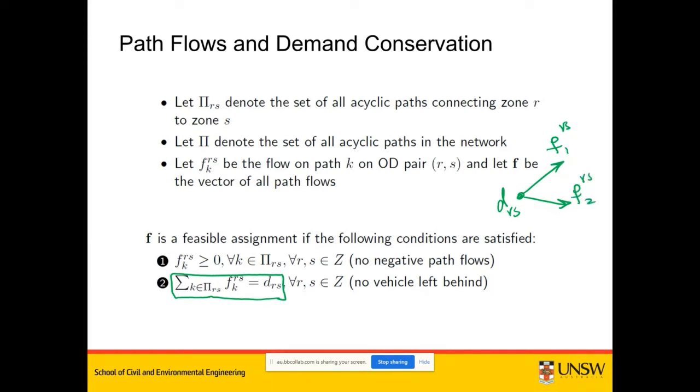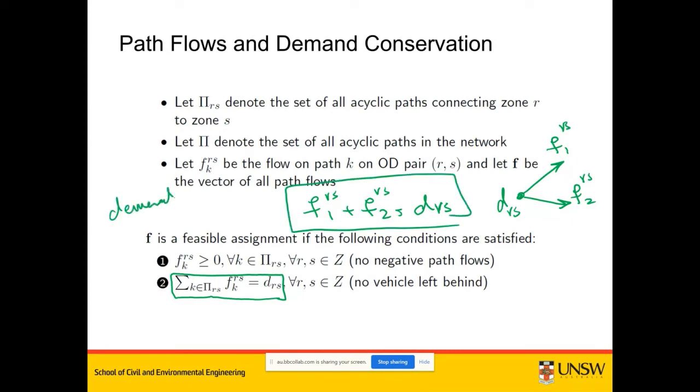F_RS^2. So F_RS^1 plus F_RS^2 must be equal to D_RS, right? This is the demand conservation. Remember the simultaneous equation, demand conservation. So no vehicle is left behind.